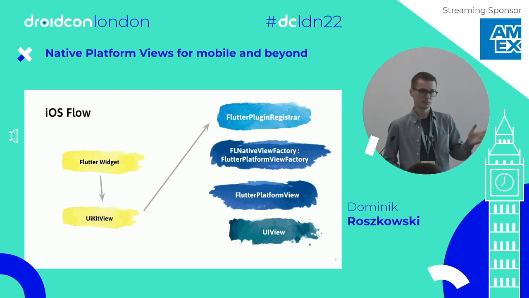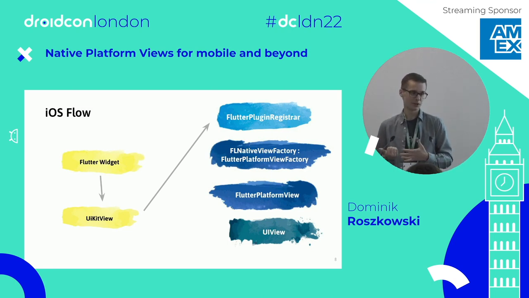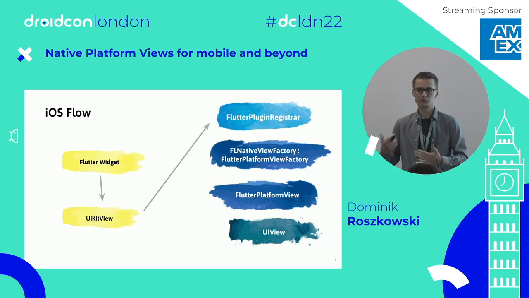iOS is pretty simple. The flow overlaps with what we have seen on the previous slide. There are a couple of different class names. For instance, on iOS, there's a common registry for plugins and platform views, which is just called Flutter Plugin Registrar. And then there are a couple of interfaces like Flutter Platform View Factory.